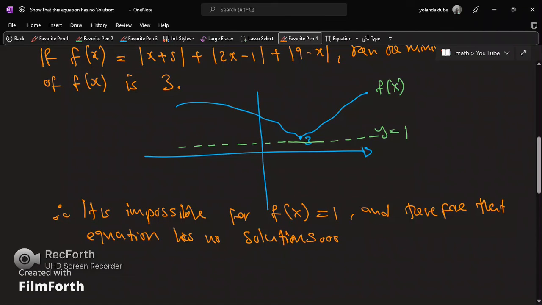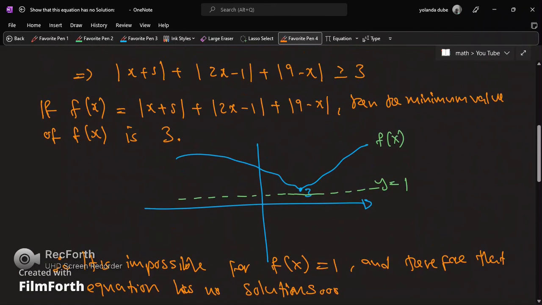You see that. One thing to note, this is not in any way necessary.